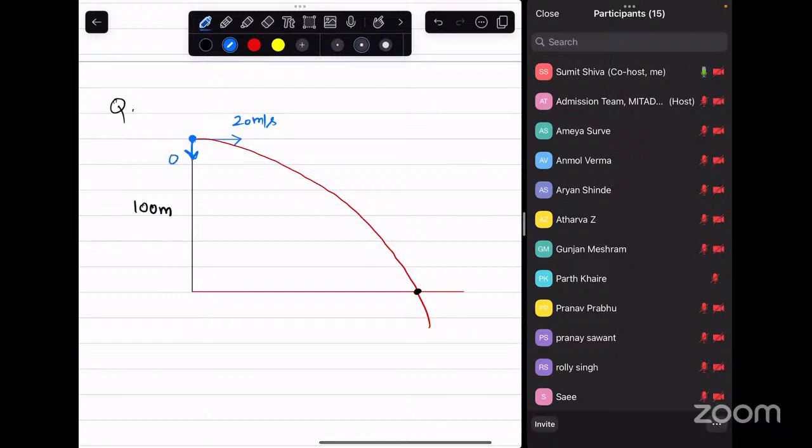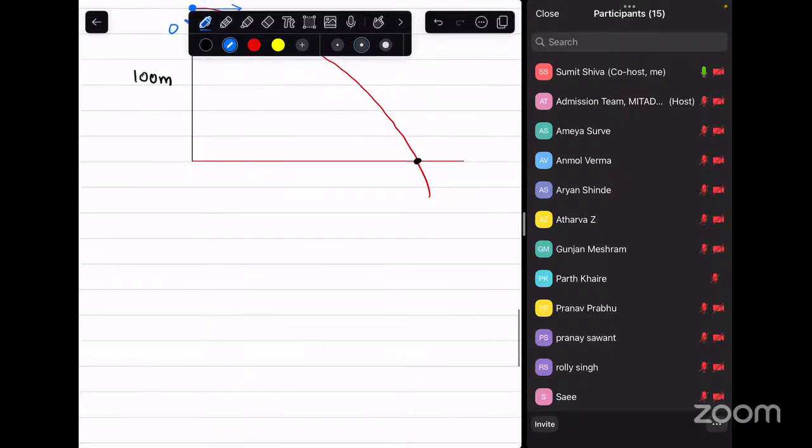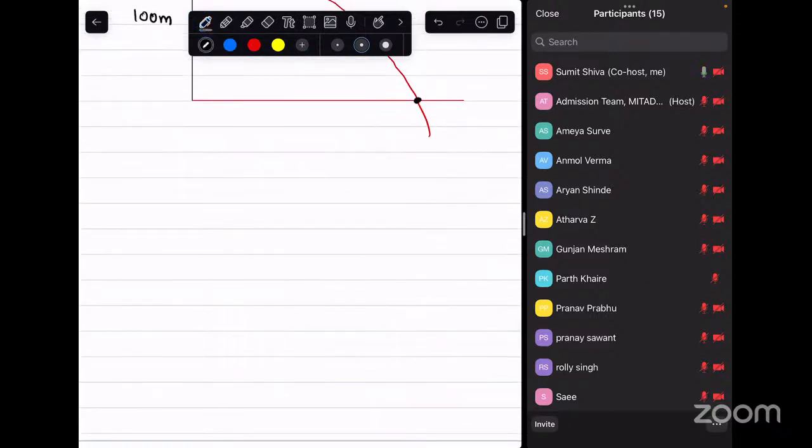And the time taken to reach the ground by the object will be the same as the time taken to cover this 100-meter distance. So if you want to find out in how much time the object will strike the ground, we will find out the time taken by the object to travel this 100-meter height. Are you getting my point? Yes or no?